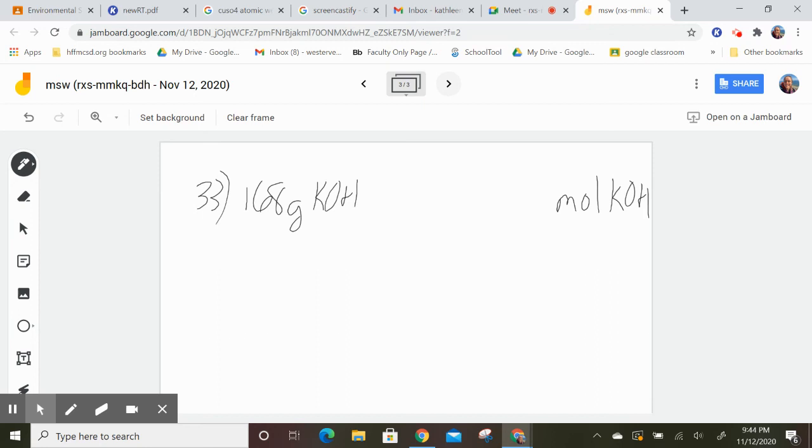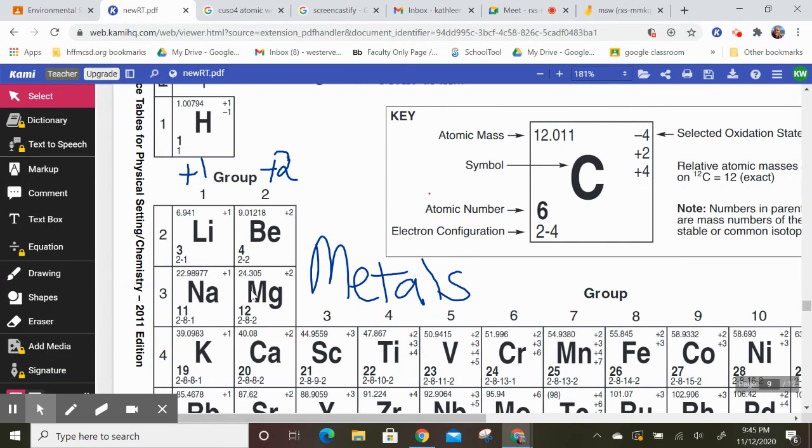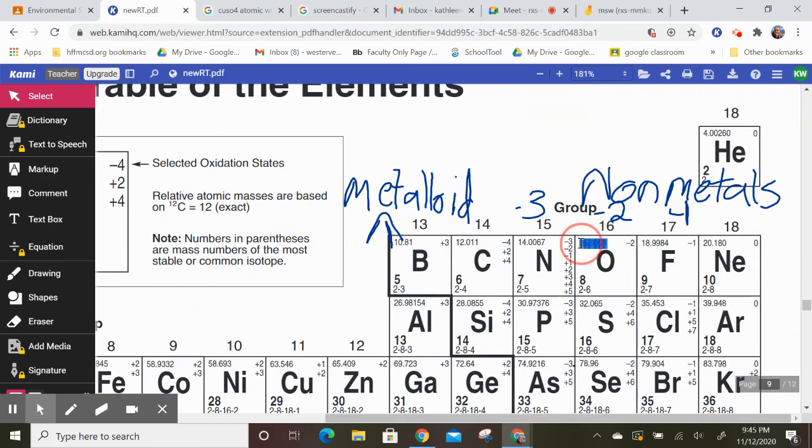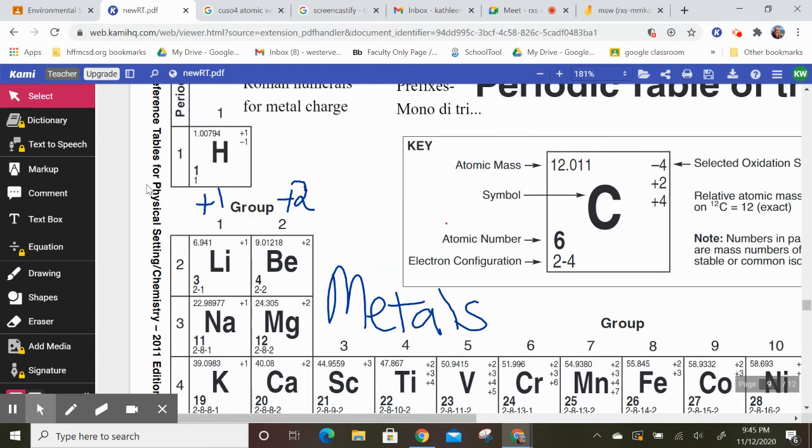Okay, again, whenever we're going between grams and moles, we first have to look at the periodic table to find out how much 1 mole of that substance weighs. So 1 mole of our KOH, potassium hydroxide, equals, let's see, potassium is right here, 39, and oxygen is 16, so 39 plus 16 plus hydrogen, which is 1.